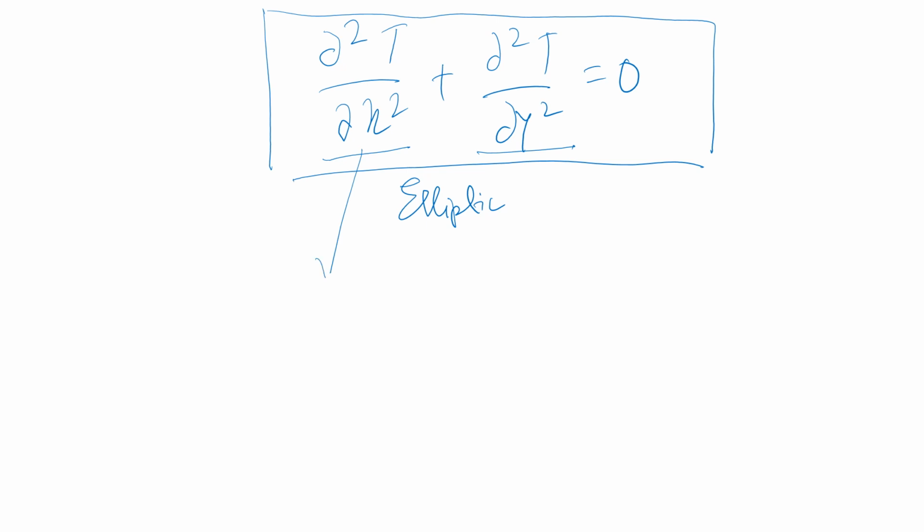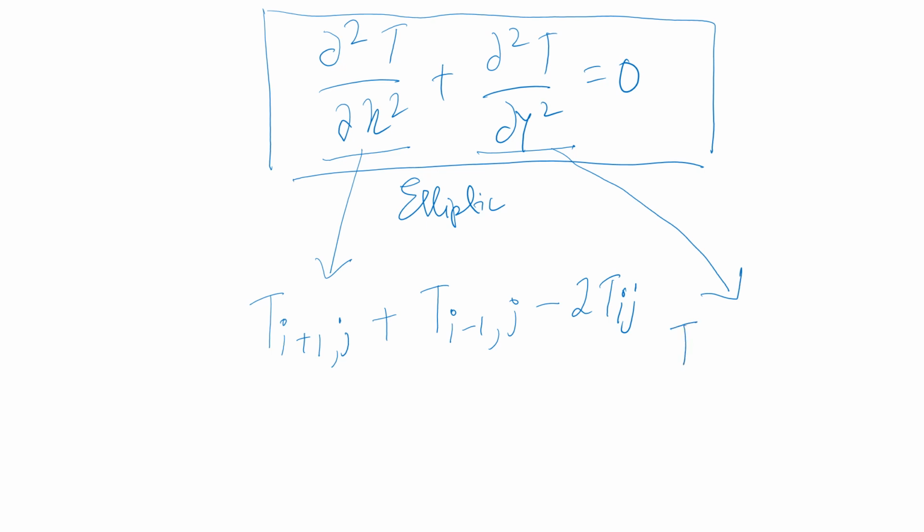To discretize this, we use the central difference formula, which is, and to discretize this del square T del y square, we use this one.